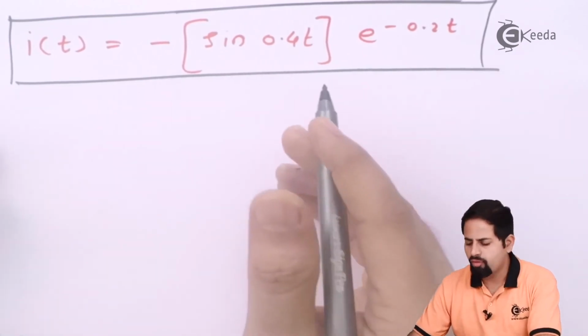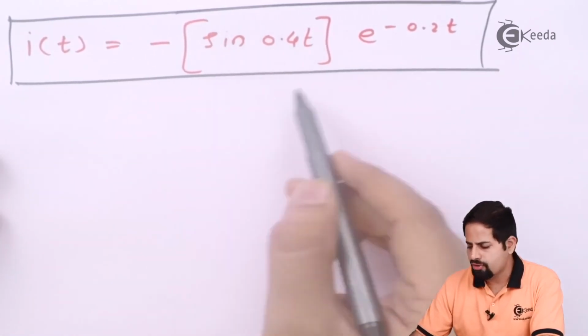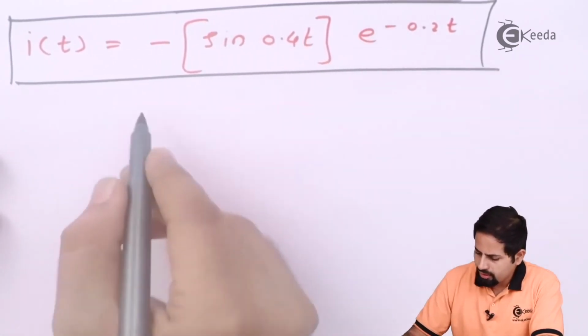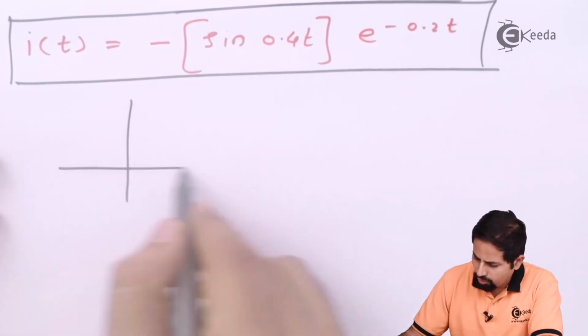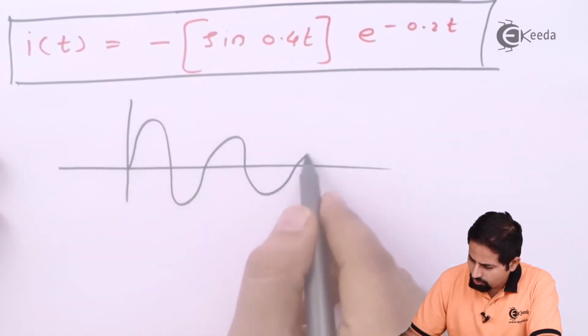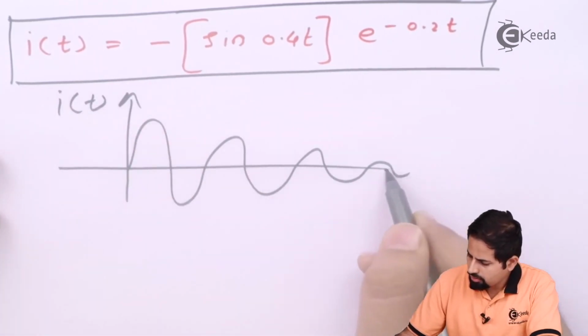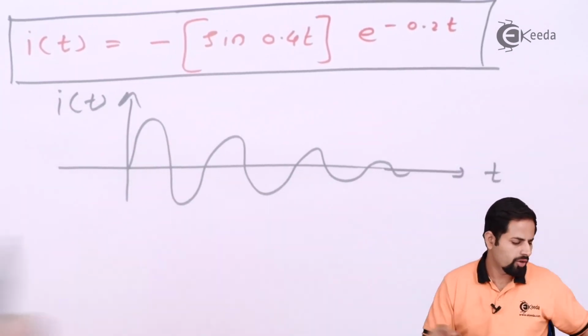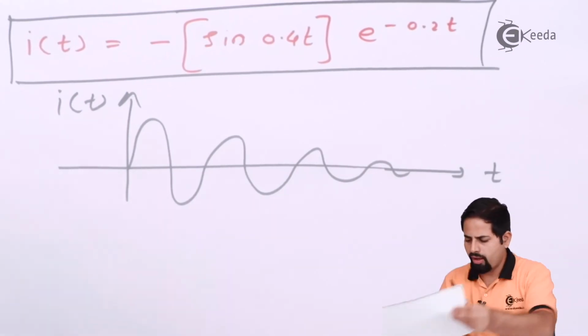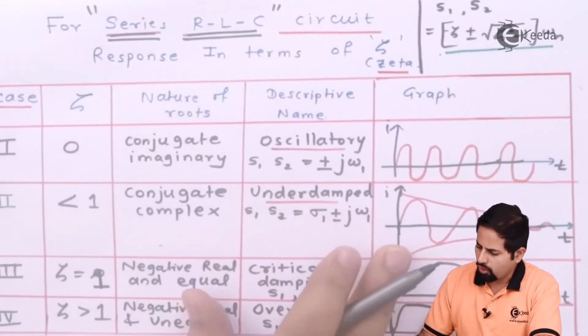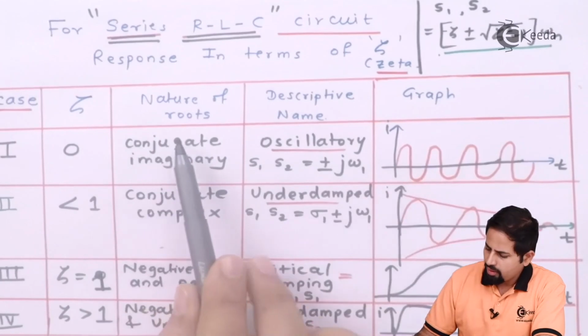If we plot the graph of this, it will be sinusoidal and it is decreasing in exponential form. So already we know the nature of the graph will be like this. And we also know the respective graphs for all the cases, so there is no need to draw the graph separately.